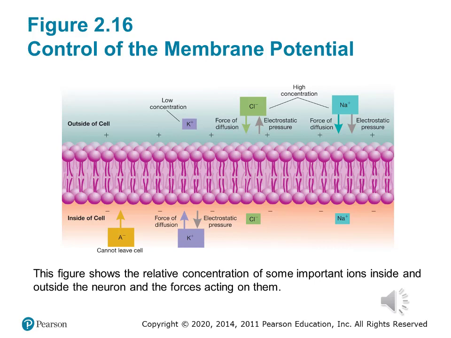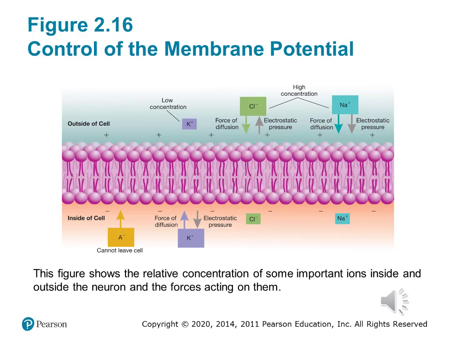So the organic anions are on the inside of the cell and they can't leave. The potassium ions are of a low concentration on the outside, and they leave the cell through the force of diffusion and enter the cell through the force of electrostatic pressure.